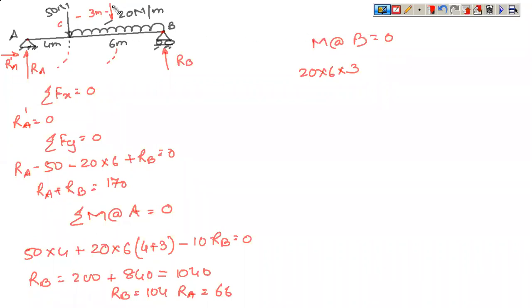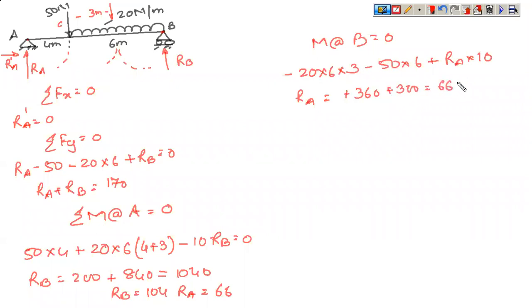Now, the load is acting downwards and it is anti-clockwise in nature, so this is minus. Now, this is again minus 50 into 6 plus RA into 10. So RA becomes equal to, this is 18, so 360, this is plus, and this is 300.